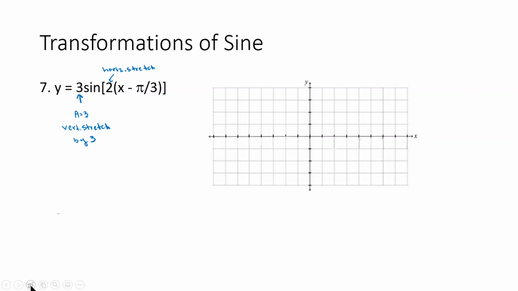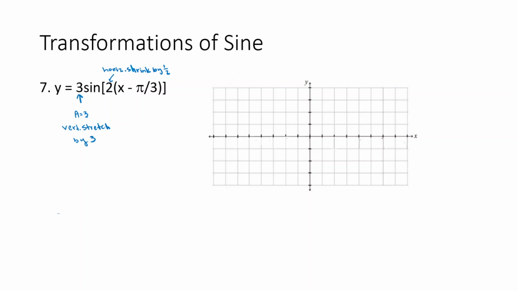So which one is this? Well, it's actually a shrink, kind of backwards. When we put numbers on the interior of the function, it does the opposite of what it looks like. So this is a shrink by a half.